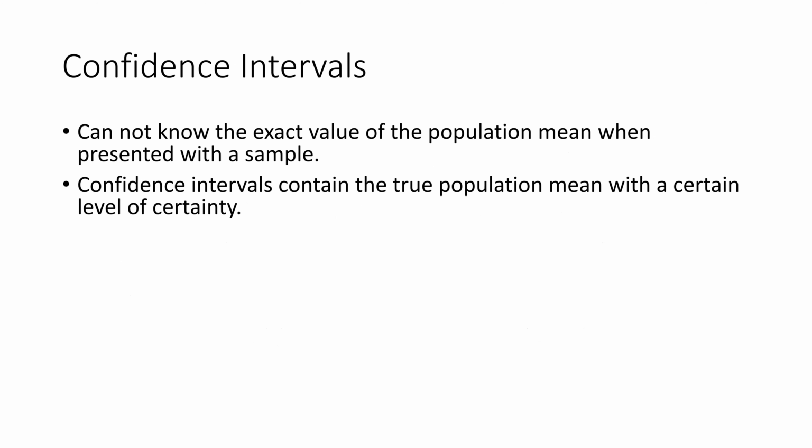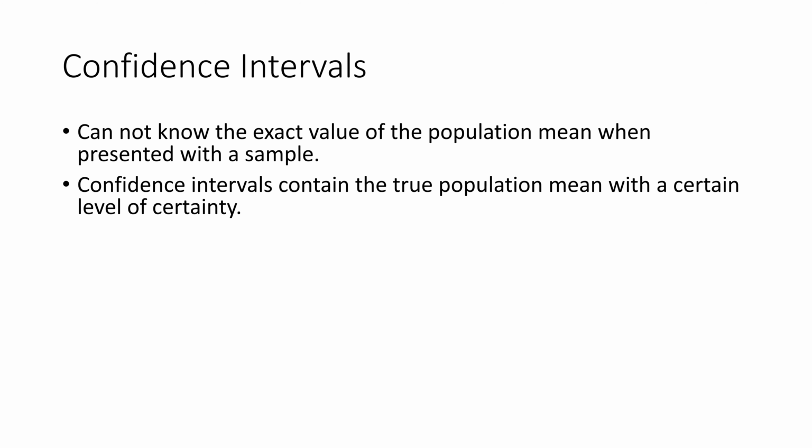Okay, so confidence intervals. It's good to be aware of these as well. We can't know the exact value of an average when we are presented with a sample. In other words, if we want to know what is the average earnings of the United States, the way people calculate statistics is you're not actually going to get every single person in the United States' salary, right?